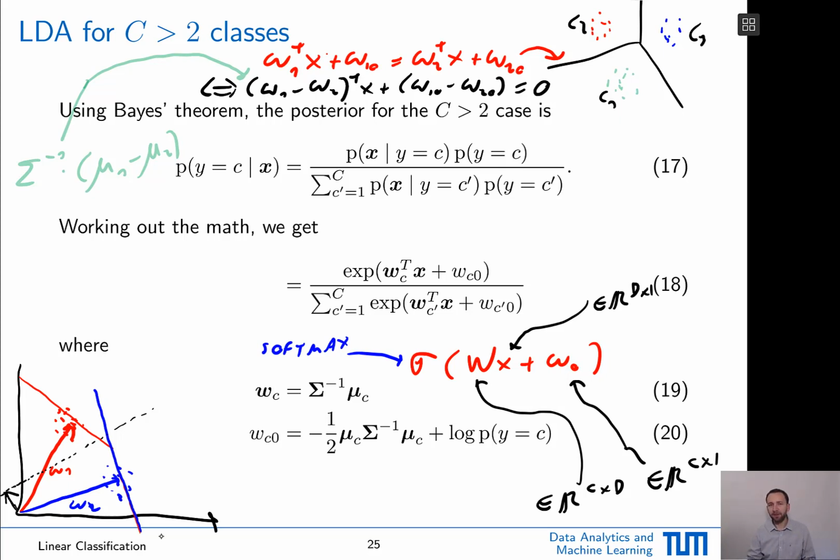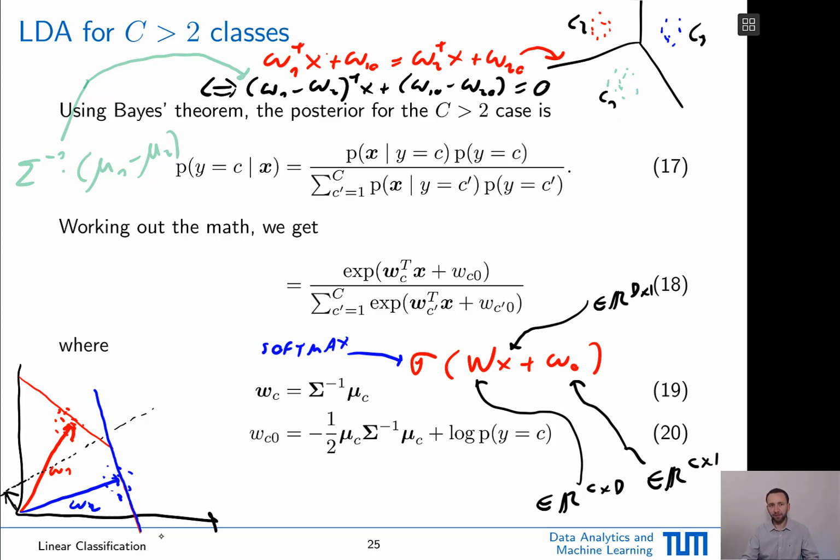Once a new sample arrives, you evaluate this function, which is a vectorized function, so it gives a vector. You plug this vector into the softmax function. What you get out is a probability vector, and then you can take the class which has the highest probability. So this is the flow of this model.